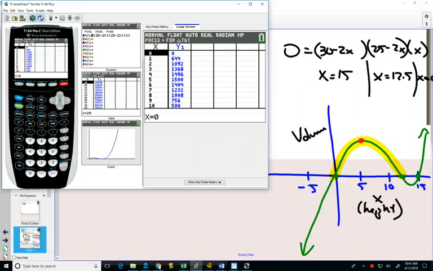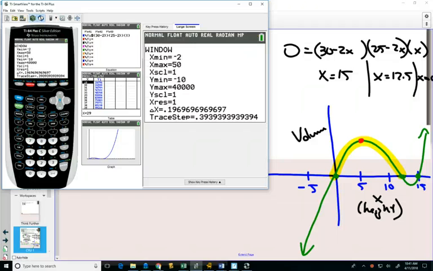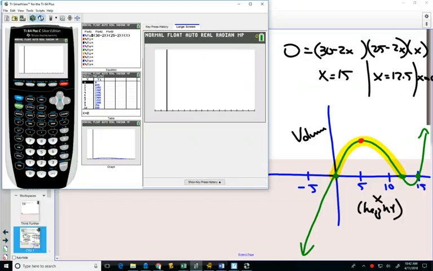So now when I go to my window, for my x values, I wanted to see up to 15. For my y values, I wanted to see up to 1,500, so maybe I'll put in 2,000. And now when I graph it, I get a window that matches what I have, which is nice. And now we can go second calculate to find our maximum. Again, you can use left and right, but there's a shortcut for that as well.